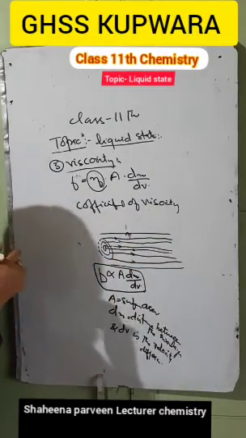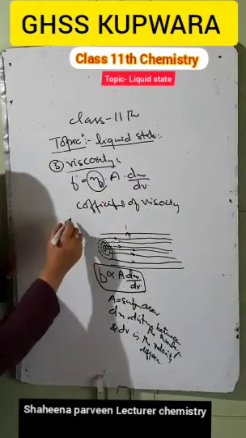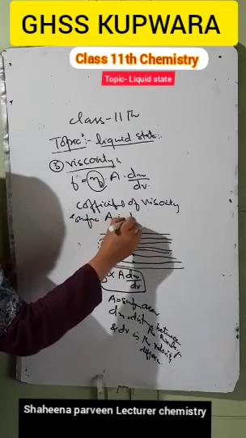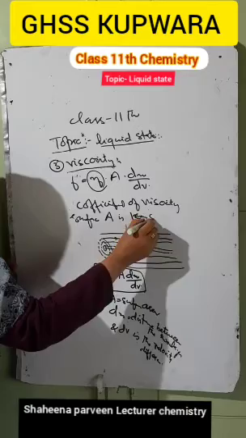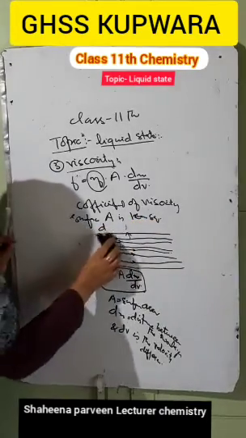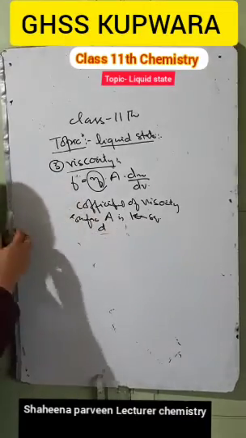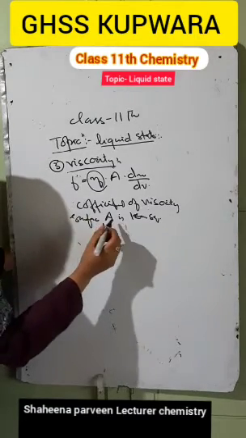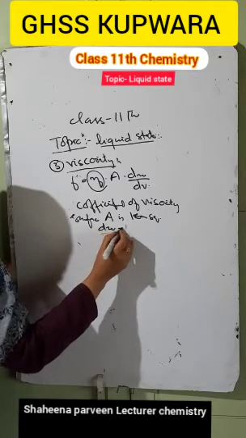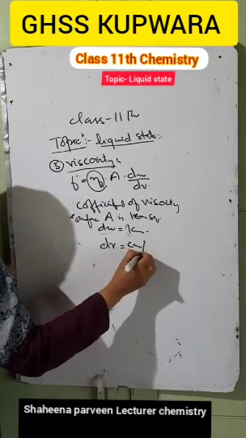If we consider the area of the cross section of the liquid, that is A centimeter square. Suppose A is 1 centimeter square, distance dx is 1 centimeter, and velocity gradient is 1 centimeter per second.